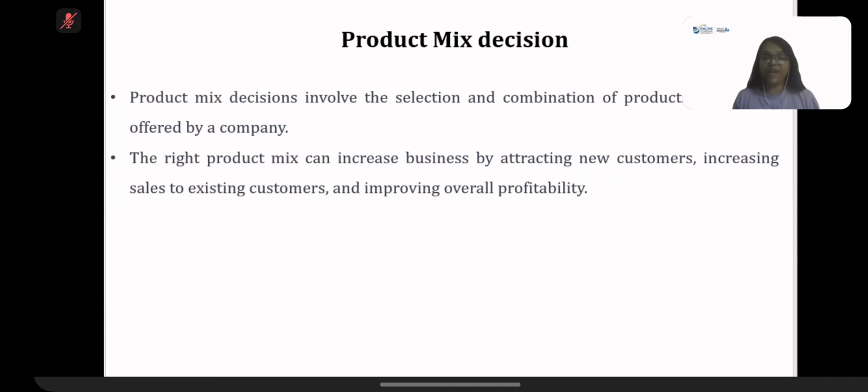Company is using smart techniques to attract the customer, increase the sales so that they can get more profitability. So product mix decision is that where you choose a combination, a selection of product or service where you can attract more customers, increase your sales and improve your overall profitability. Okay, clear?